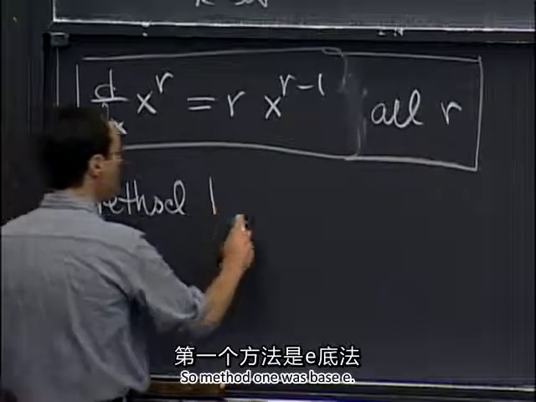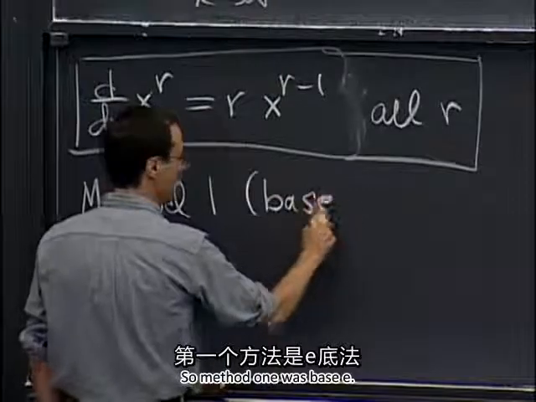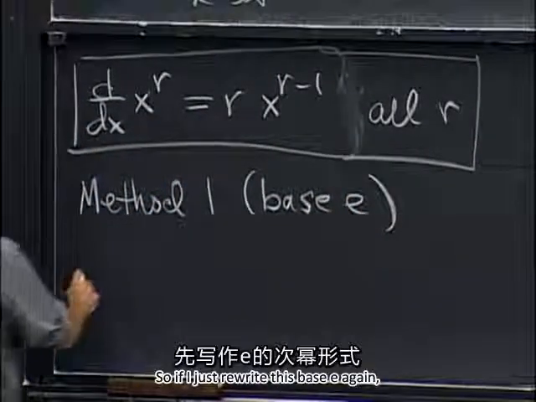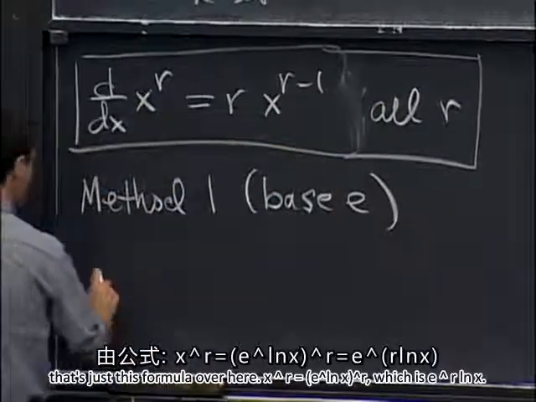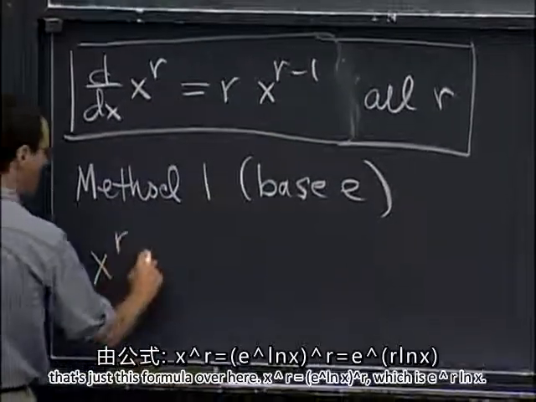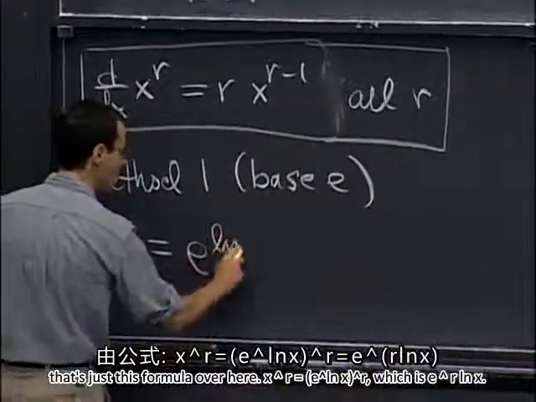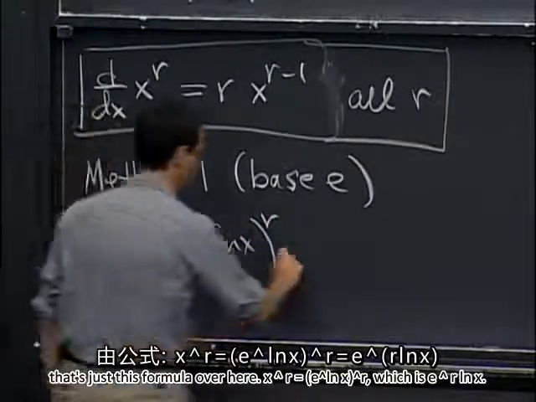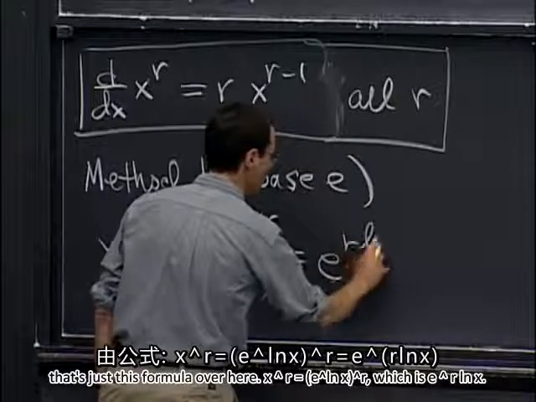So method 1 was base e. If I just rewrite this base e, again, that's this formula over here. x to the r is equal to e to the log x to the power r, which is e to the r log x.